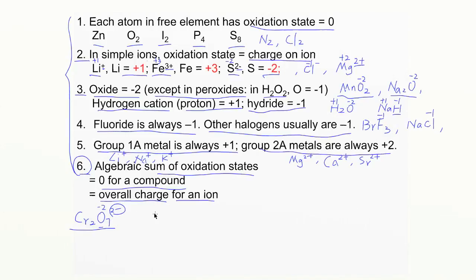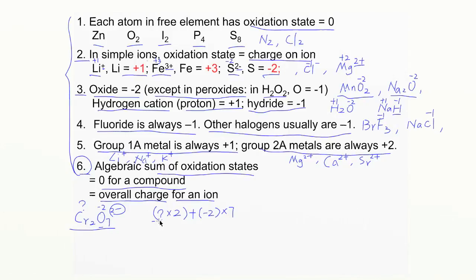of this ion. If you want to know the oxidation state of the chromium, let's put a question mark on top of the chromium to represent its oxidation state. You have 2 chromium in this ion, so multiplied by 2, plus negative 2 for each oxygen, and you have 7 oxygen in this ion.